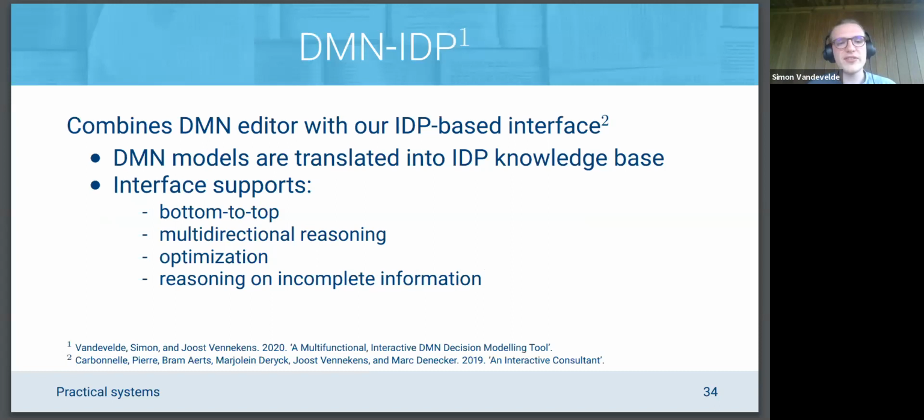So what do we do there? We translate DMN models into an IDP knowledge base, and this is then viewable in an interface that we find user-friendly, right? It's very easy to click on buttons and enter values. The interface supports bottom-to-top reasoning, but also the multidirectional reasoning that I've been talking so much about, as well as optimization and reasoning on incomplete information.